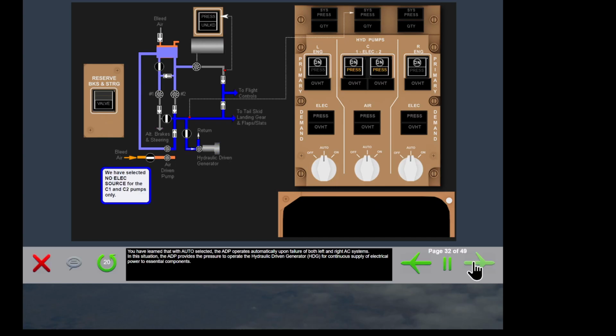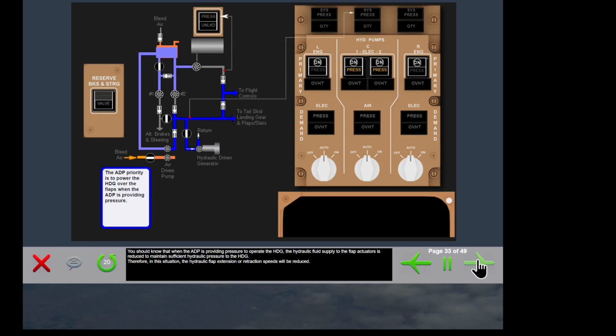You've learned that with auto selected, the ADP operates automatically upon failure of both left and right AC systems. In this situation, the ADP provides the pressure to operate the hydraulic-driven generator, or HDG, for continuous supply of electrical power to essential components.